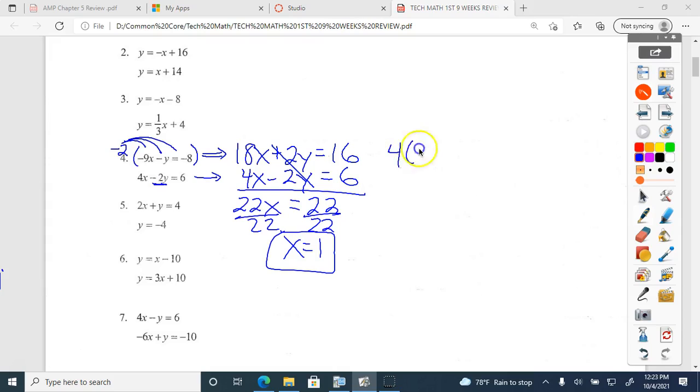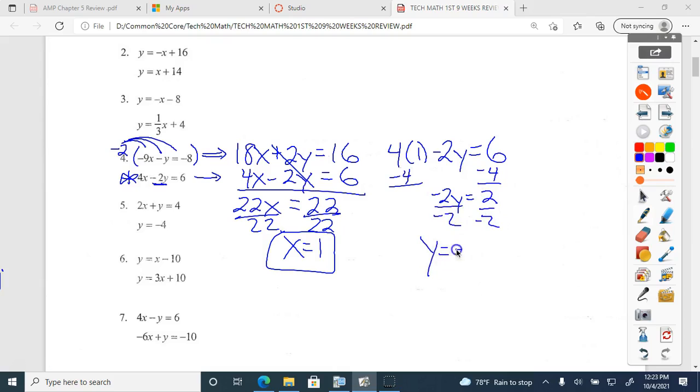So 4 times 1 minus 2y equals 6. I'm just plugging it into that one; I could have plugged it into the top one. That's going to be 4, so I would subtract 4 over. I get negative 2y equals 2. Divide by negative 2, y is negative 1. So 1, negative 1. Okay?